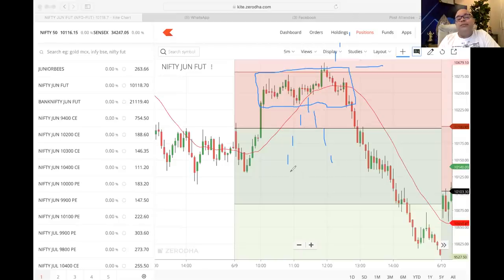So in a ranging market, you are waiting for price to hit this congestion zone and come back. And in a breakout market, you are expecting that we break out of this congestion zone and go to the next congestion zone. Okay. So that is what you get to know on a daily basis.